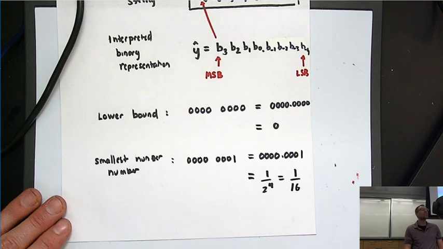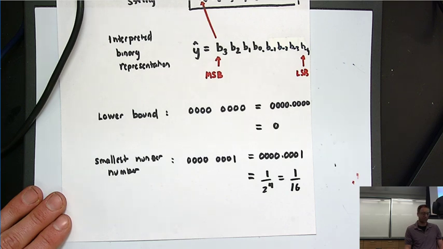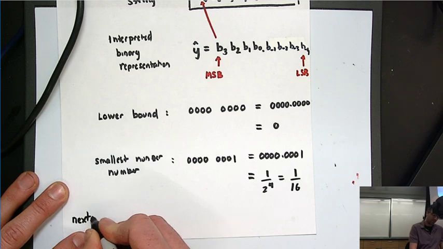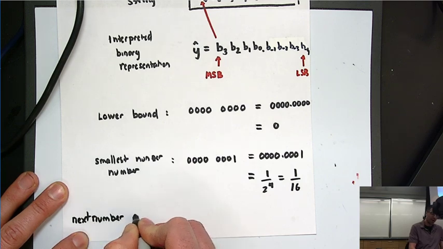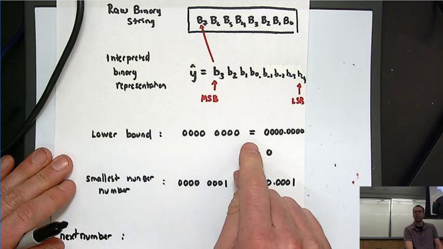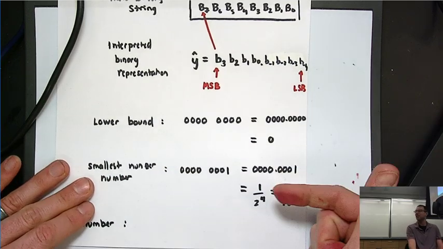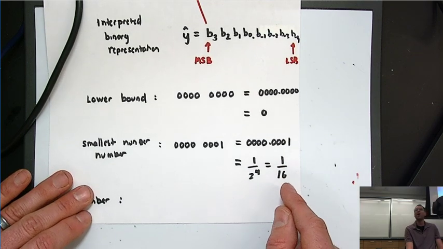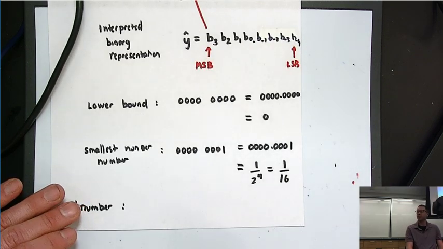What is the next largest number? So the smallest number I can store is 0. The least large positive number I can store is 1 over 16. What's the number right next to 1 over 16?